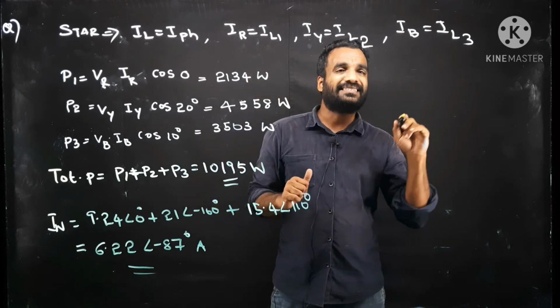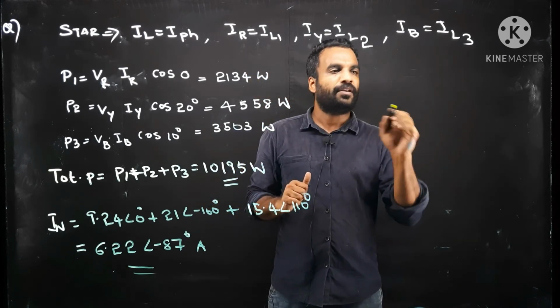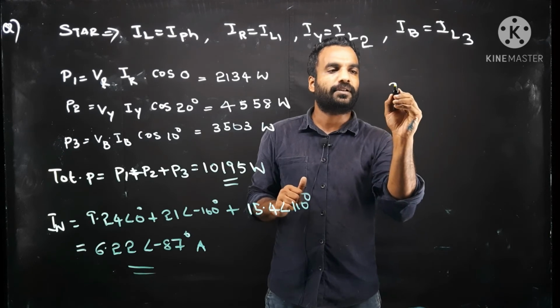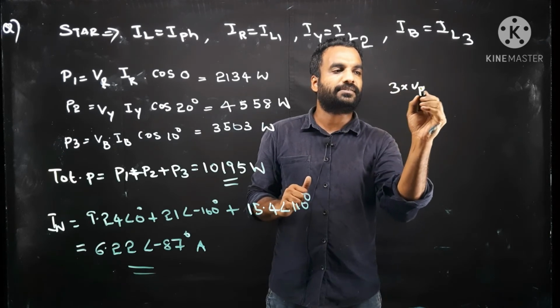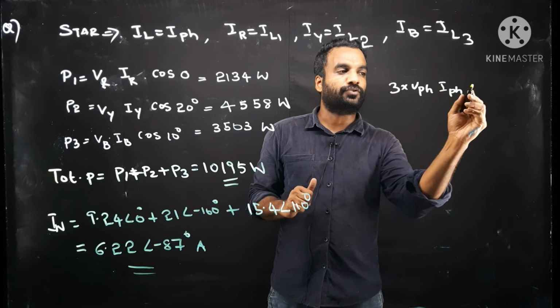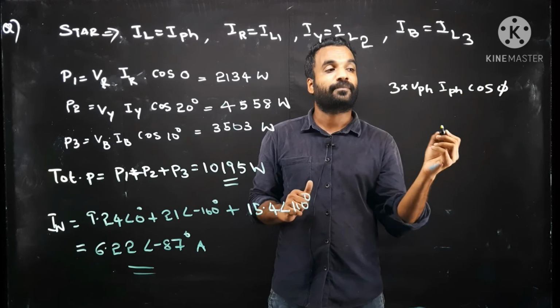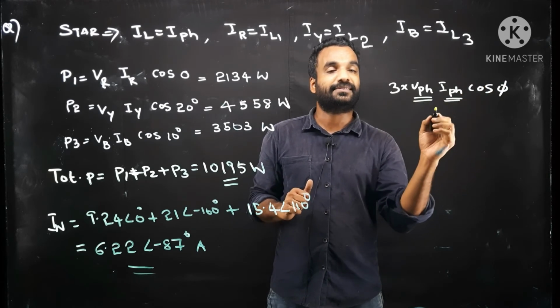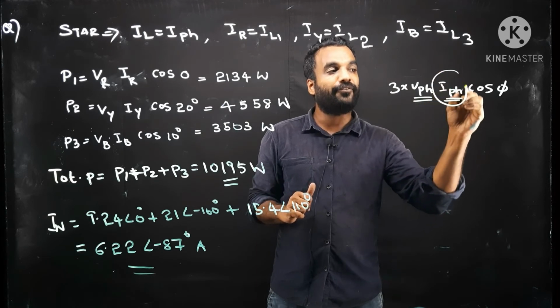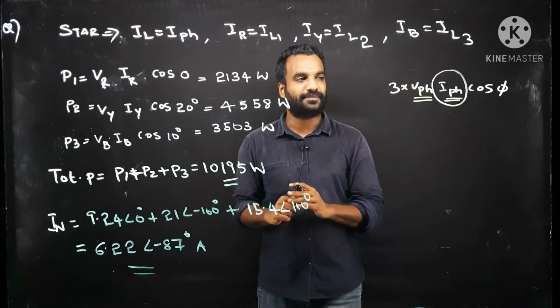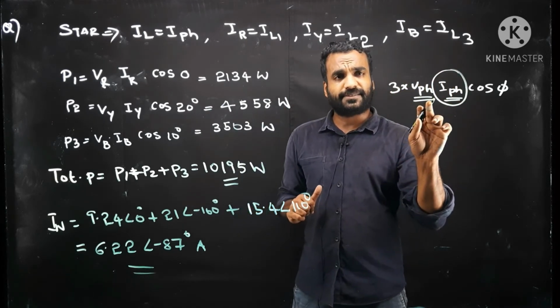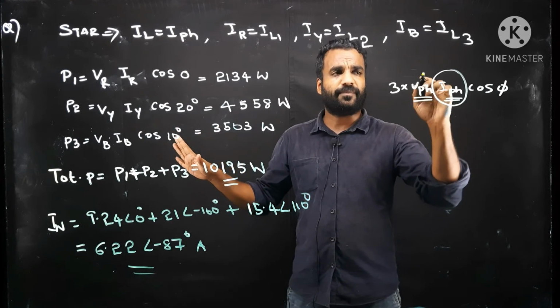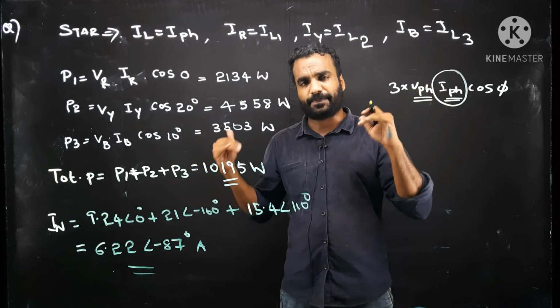Next thing, as it is unbalanced, we cannot use the equation 3 into V phase, I phase, cos phi, because I phase is different for all phases. V phase we are taking as the same with angle difference, that is permissible.